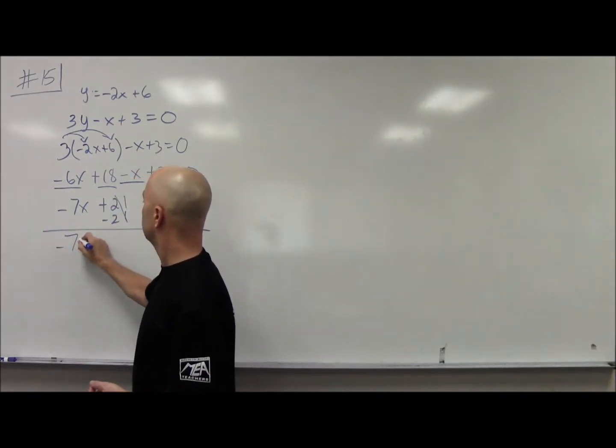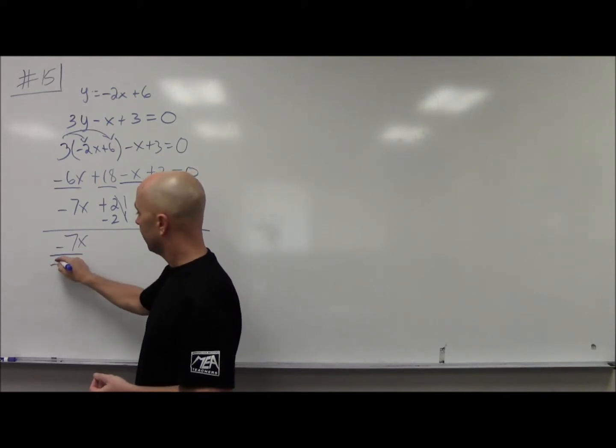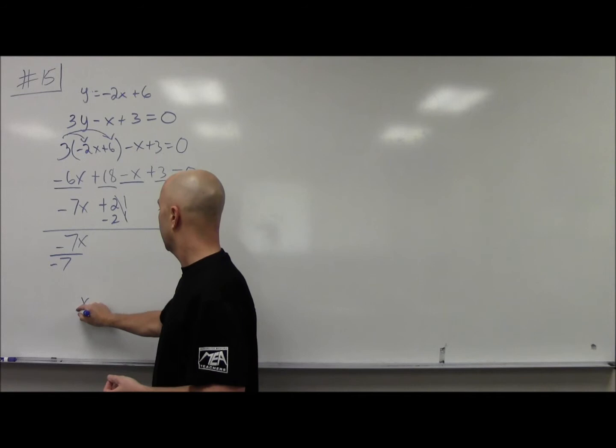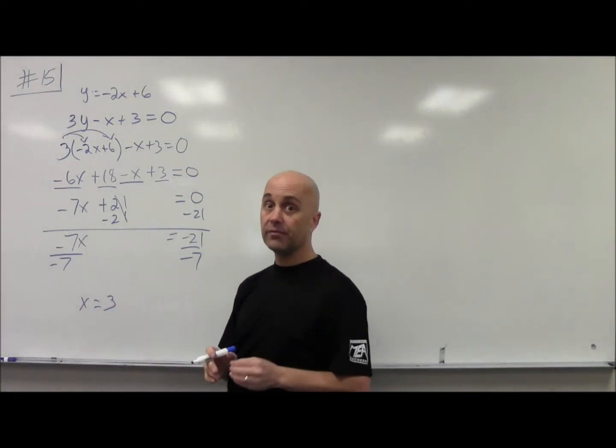So I get negative 7x equals negative 21. I want to divide by negative 7 on both sides. And x equals 3. So now I found the value of one variable.